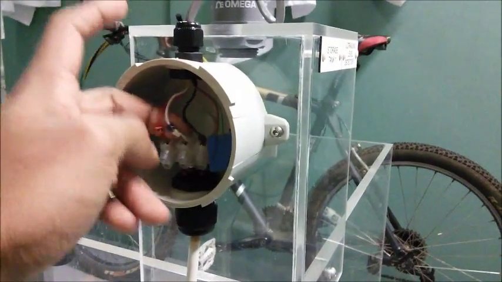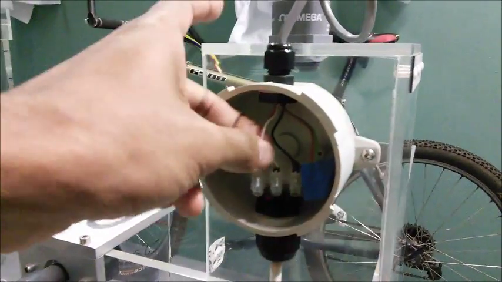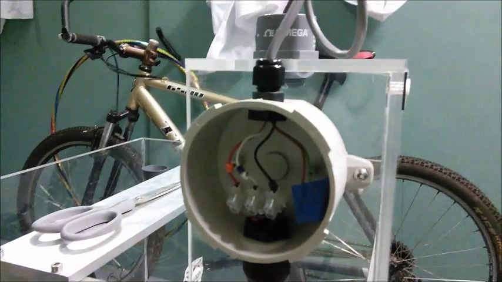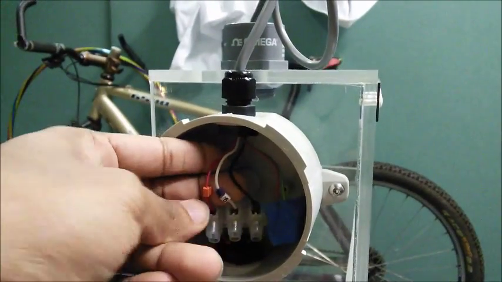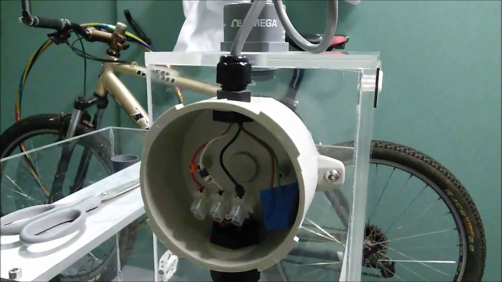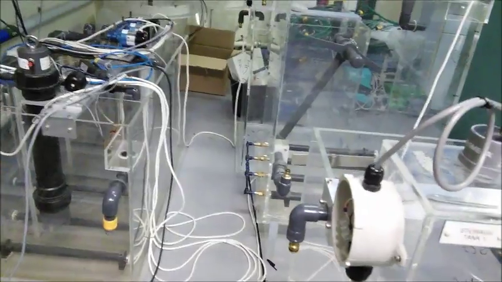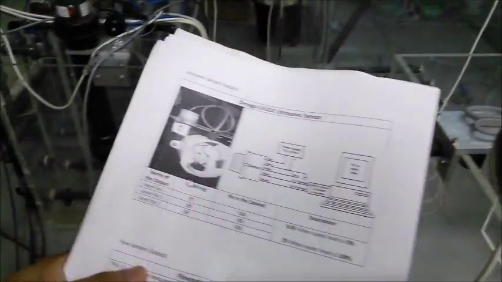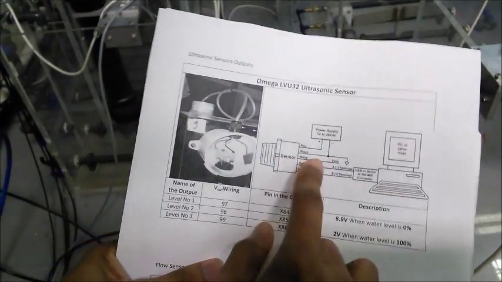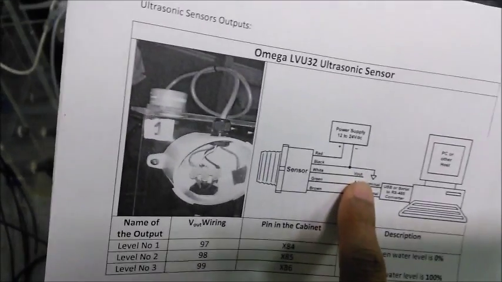Basically, before showing the documentation, let me show you the wiring inside. So this is the wiring inside. So you can see the wiring inside is like this. And now let's take a look at the documentation a bit. From the documentation of the ultrasonic sensor we can see the white wire that comes out of the sensor is for the voltage out.